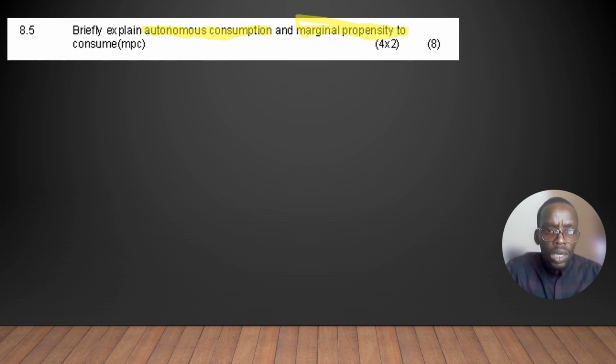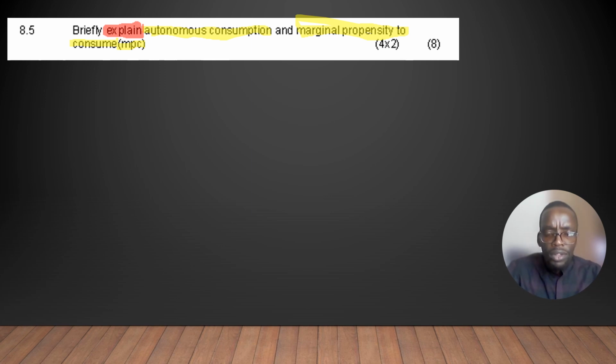What are we supposed to do? We are supposed to briefly explain it. So here we need to highlight the word explain, because that's what we are supposed to do.